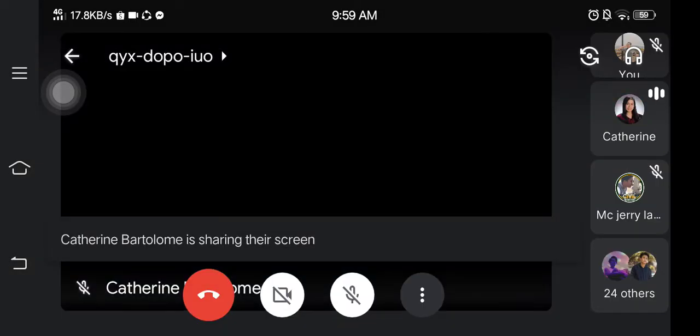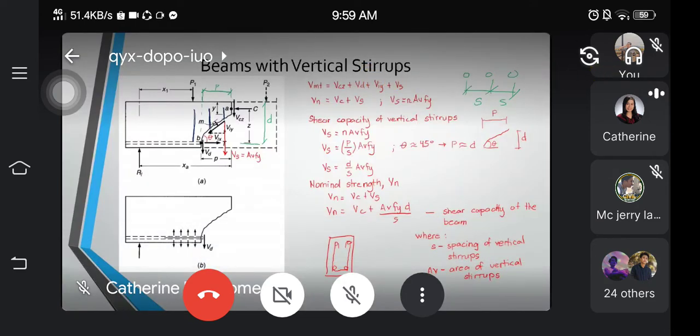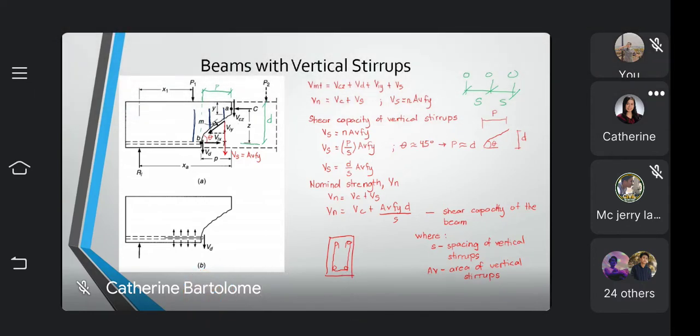Or pi over 4 diameter squared? Is that it? What do you think? So, is Ab equal to the area of bar? Hello?